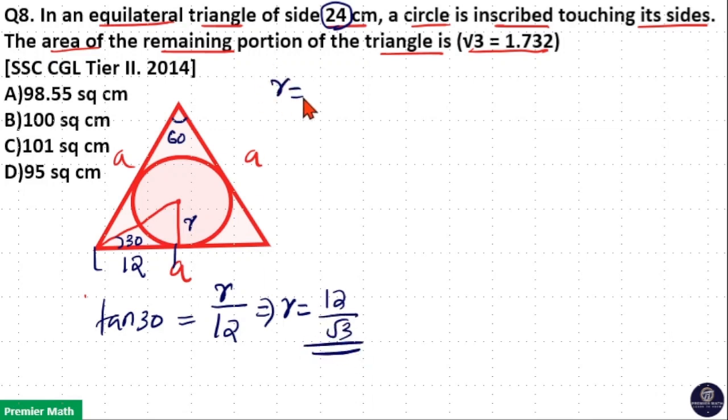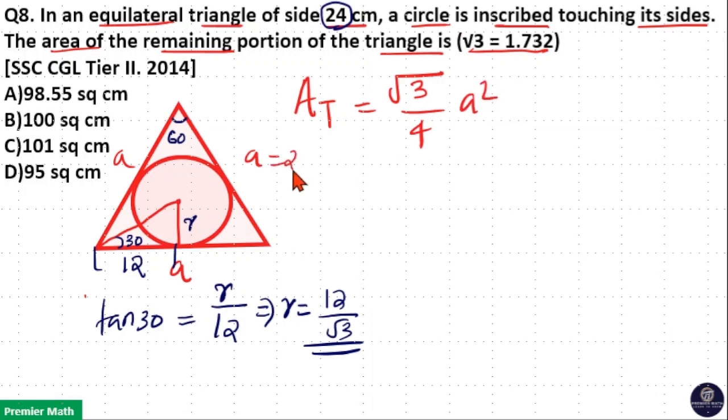As per the equation, r is equal to a by 2 root 3, where a is 24, so 24 by 2 root 3 is equal to 12 by root 3. So either you can find it using the equation or you can find it this way. Now the area of an equilateral triangle is root 3 by 4 a square.